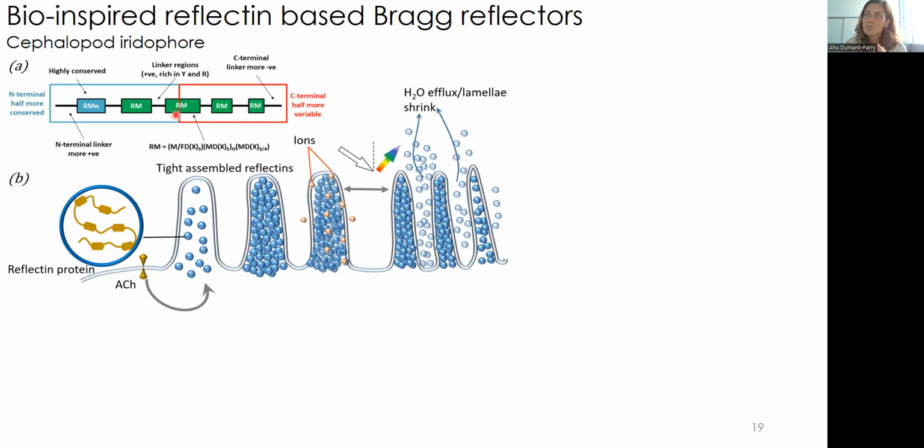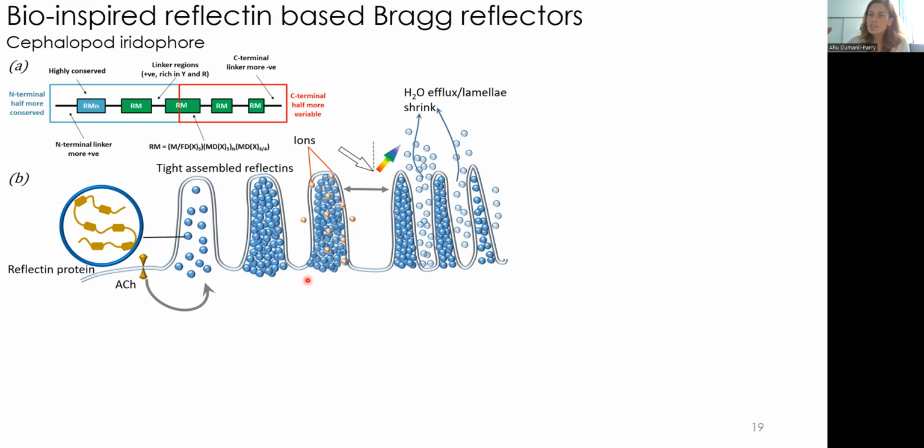It is coming from reflectin, so we know that cephalopods can change color as a response to their environment, and it comes from these reflectin proteins that form photonic structures that can swell or contract with ionic interactions, and the ionic interaction is regulated by the central nervous system of the cephalopod itself.